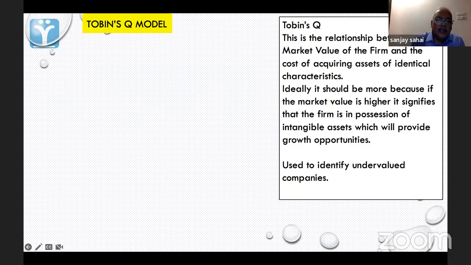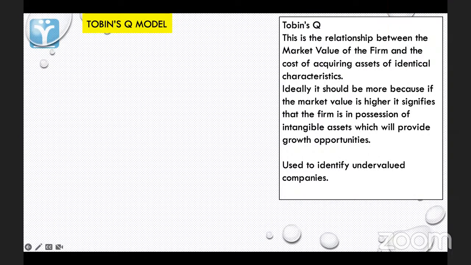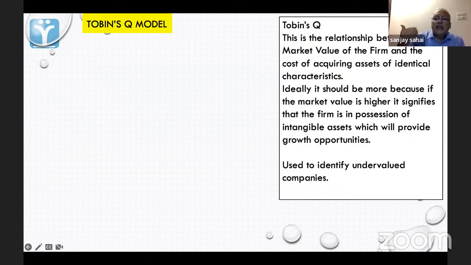See, logically, which should be higher? Market value or replacement value? Which should be more? Market value. So, if the market value is higher, normally it means that the firm is in possession of certain intangible assets which will provide better growth opportunities in the future.